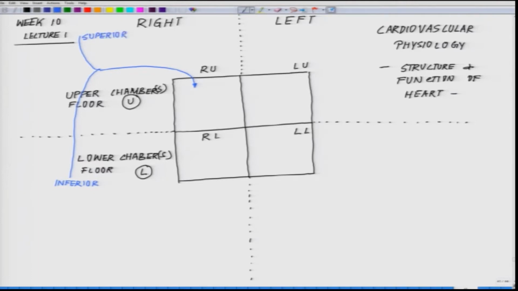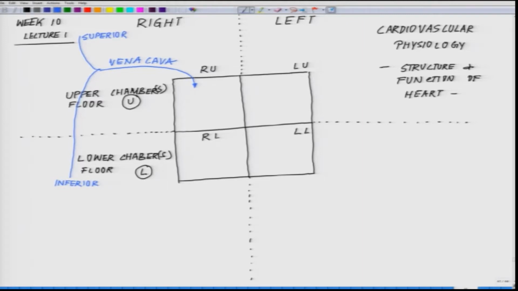Based on that, there are names for it: superior vena cava, inferior vena cava. From the superior vena cava and inferior vena cava, you are receiving the impure blood.